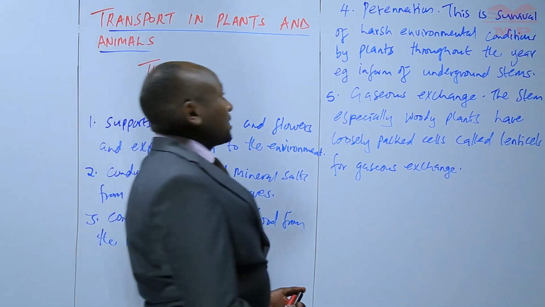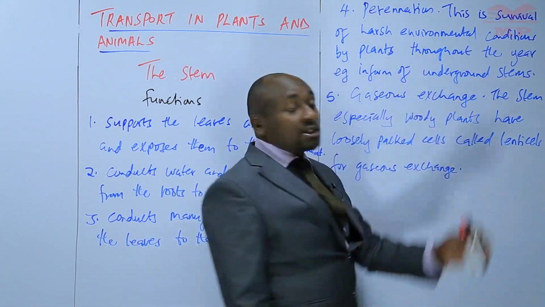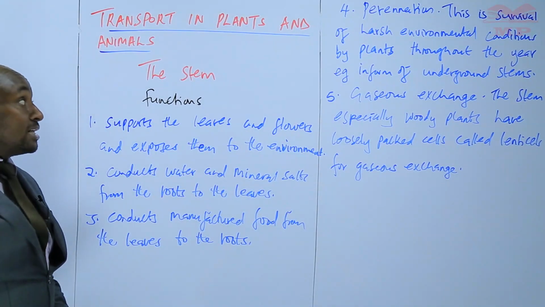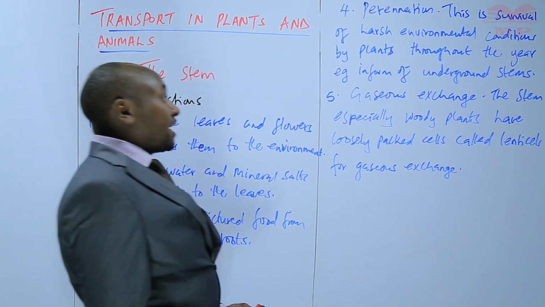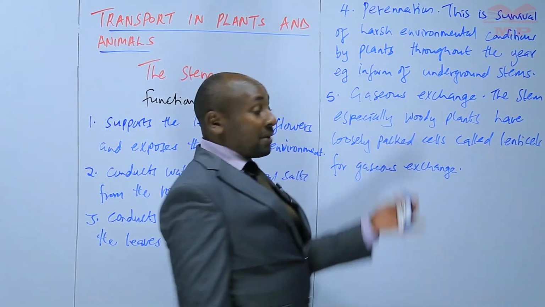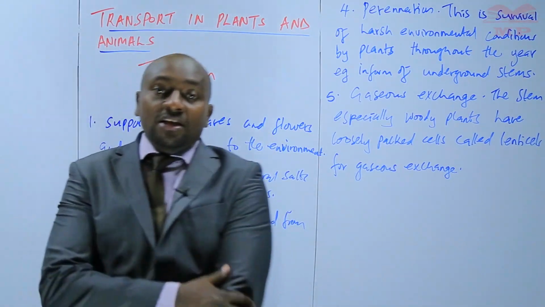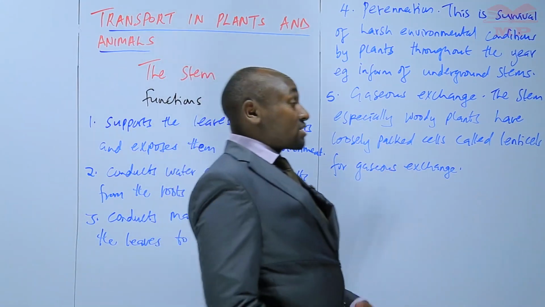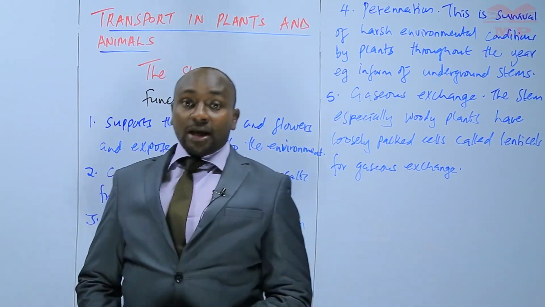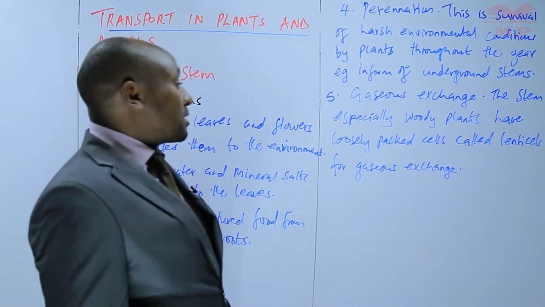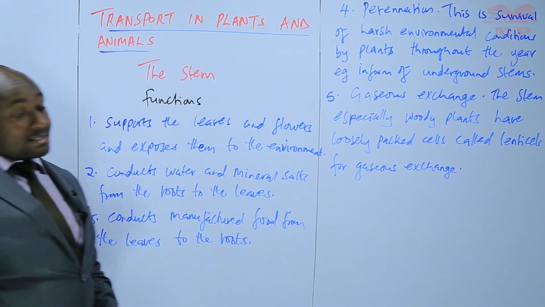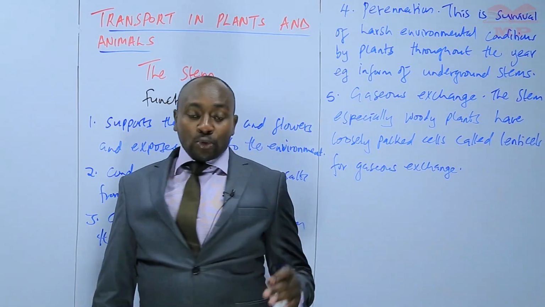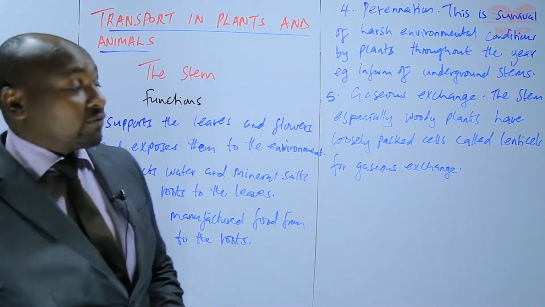We have also seen that the stem helps the plant to survive harsh environmental conditions throughout the year, a condition known as perennation, whereby a plant may survive in form of underground stem. Gaseous exchange is another function, and this one occurs through some loosely packed cells that are referred to as lenticels. So basically, those are the functions of the stem.